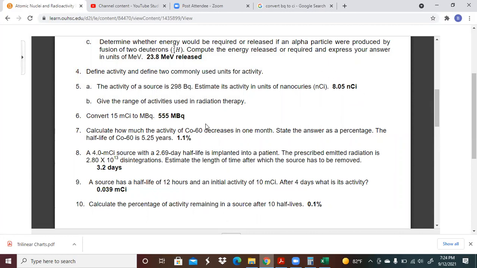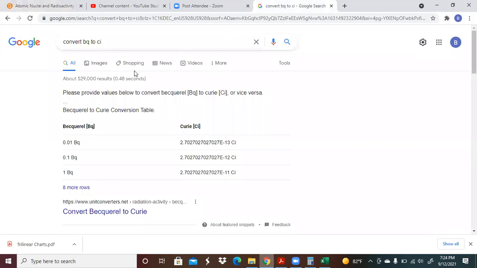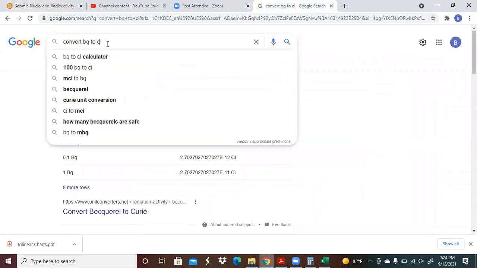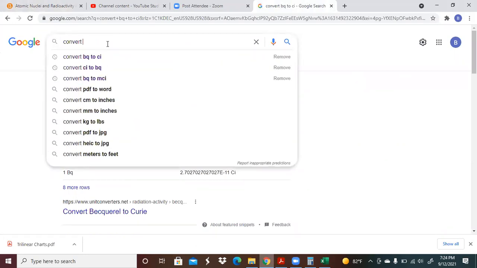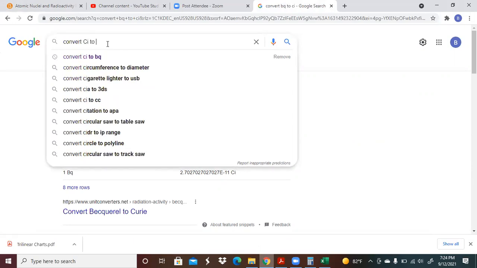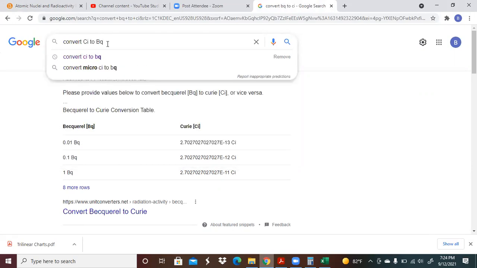So let's take a look here at number 6. We're going to work the opposite direction. We're going to convert 15 millicuries to megabecquerel. So we can type all of that in here if we wished. I'm going to just go the hard way, convert to becquerel.